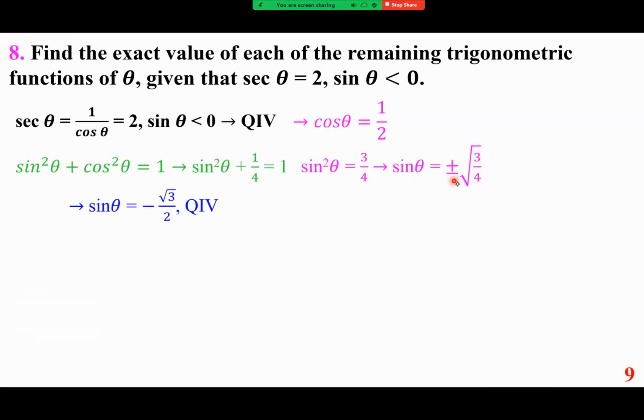The rest is easy. Immediately, cosecant is the reciprocal of this, so negative 2 over square root of 3. And if you want to rationalize it, you multiply by square root of 3 over square root of 3. That gives you the answer, and you're done. Tangent is the ratio of sine to cosine.